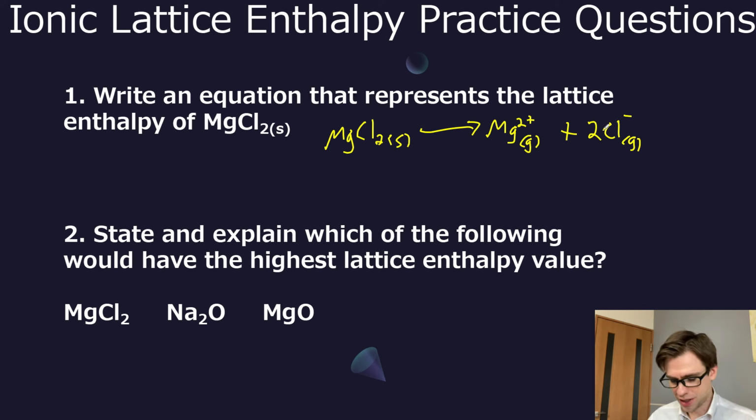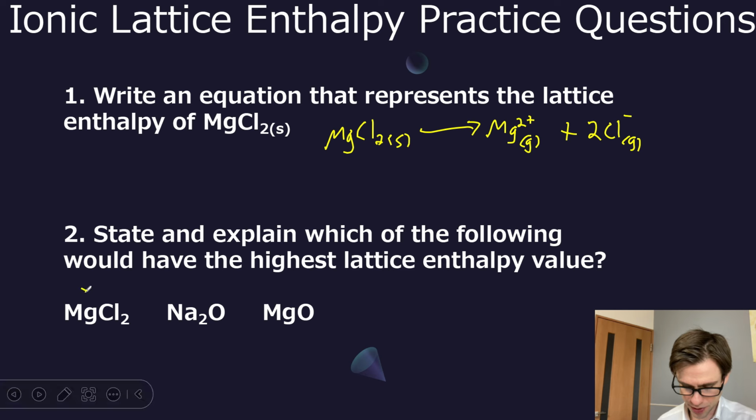Okay, part 2, state and explain which of the following would have the highest lattice enthalpy value: MgCl2, Na2O, MgO. These might have some differences in their atomic radius, but really it's the charge that will greatly affect the lattice enthalpy.